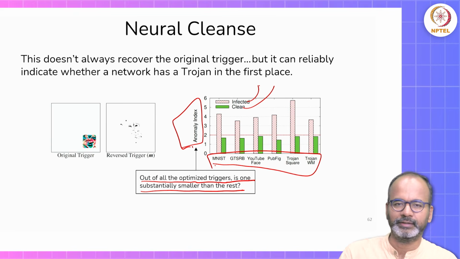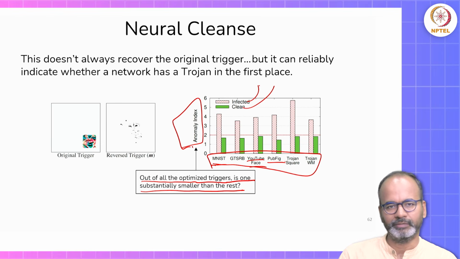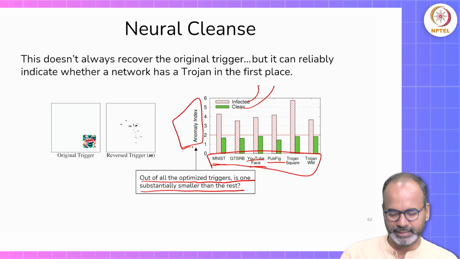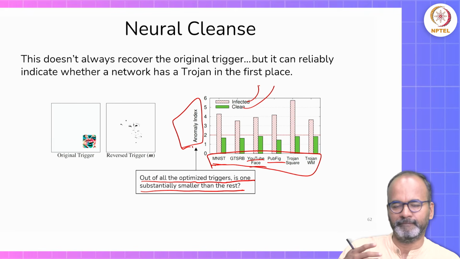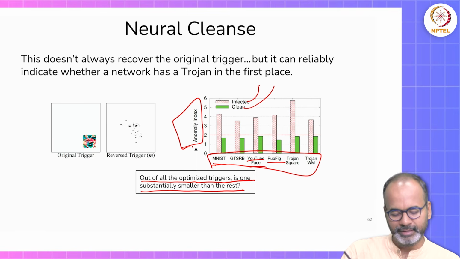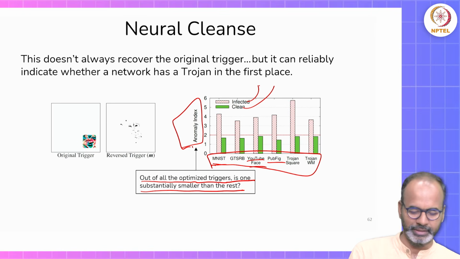So this is MNIST, this is YouTube Face data, PubFig. All of these are different datasets, and using that you're able to identify the anomaly, you're able to get the Trojan in this dataset.